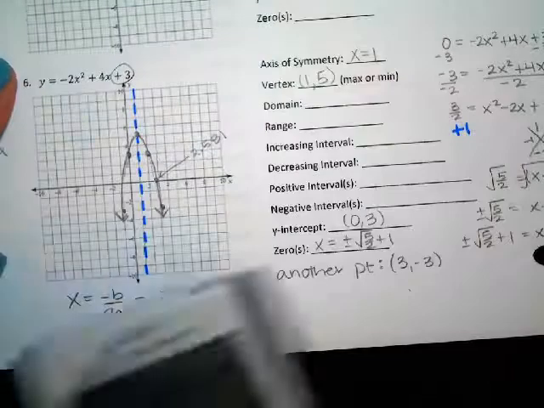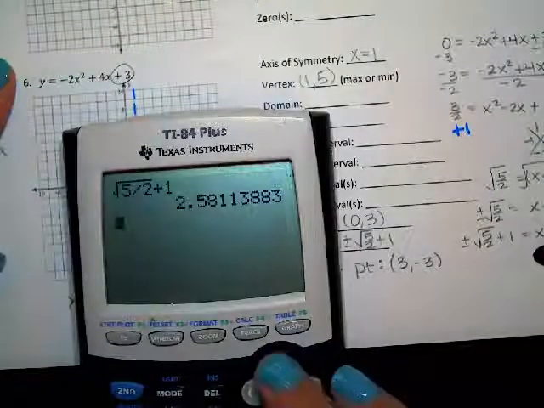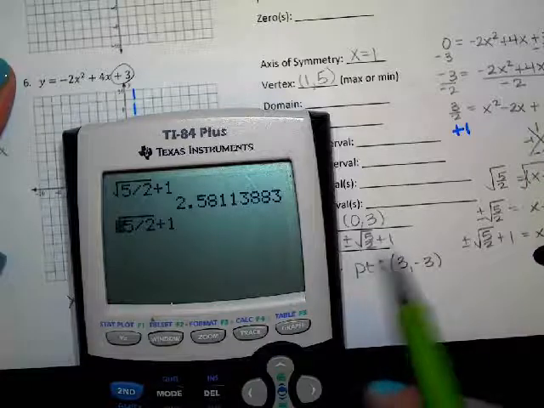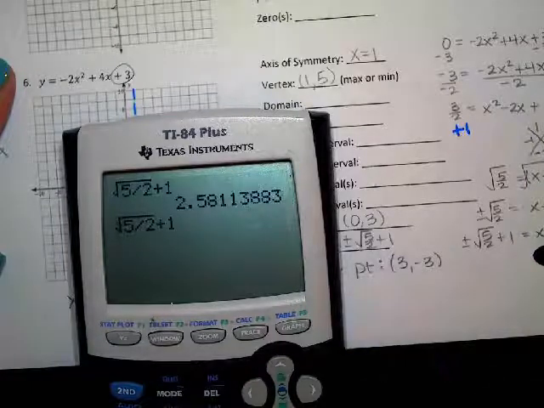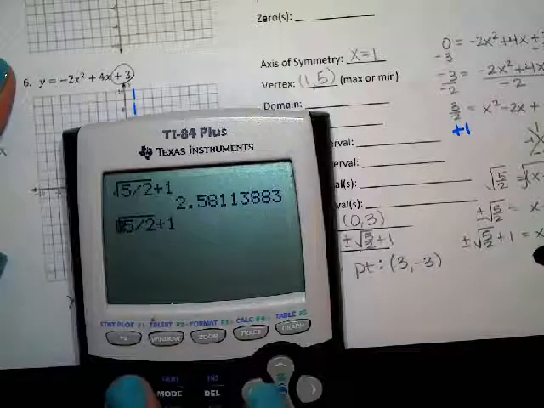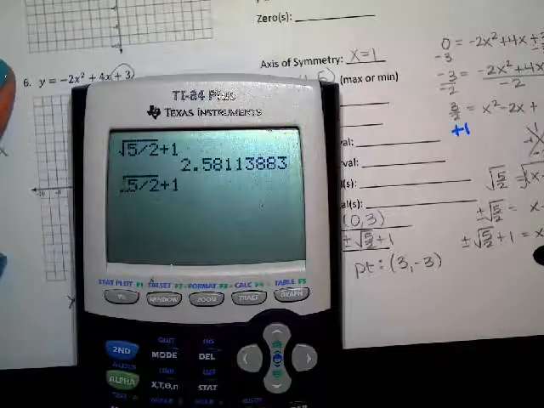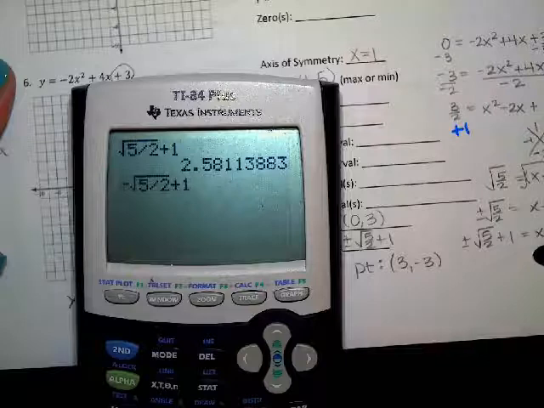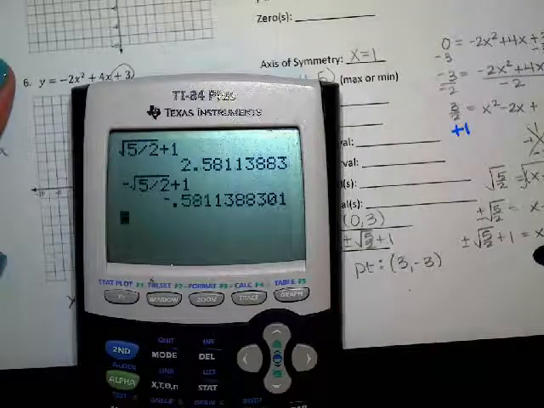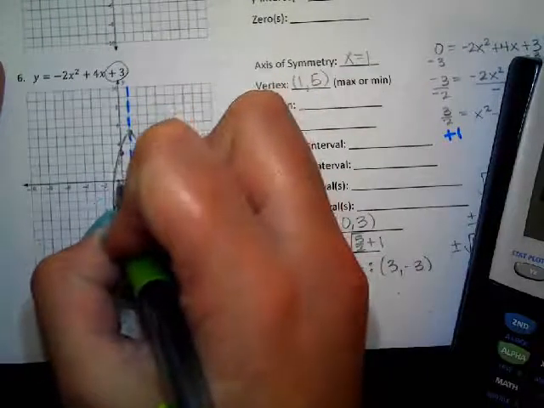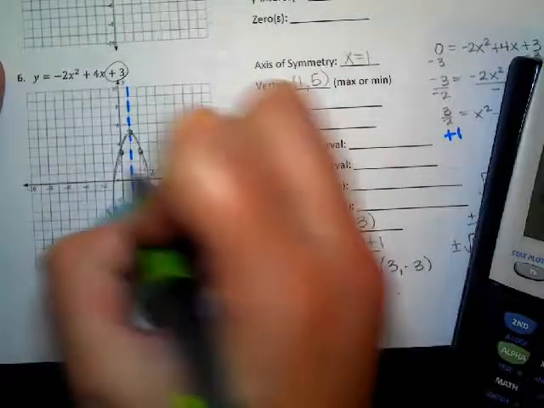Negative 0.581. So it looks like my sketch wasn't too good. My point should have been about right there if I had done a good job. Okay. So I can still go through and do all the information for the rest of this, the increasing, decreasing, positive, negative, all that stuff that I need.